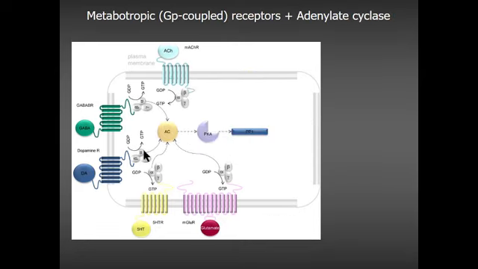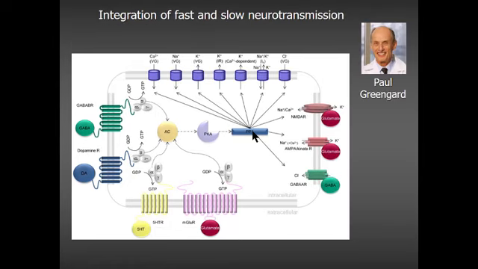Others, depending on the type of G protein, couple to machinery that has intracellular kinases and phosphatases. And here's the key: these kinases and phosphatases feed back, so they regulate the fast neurotransmission.